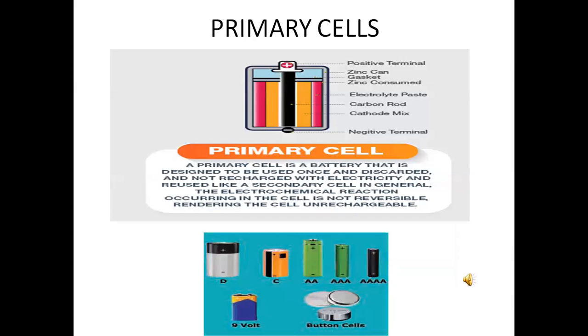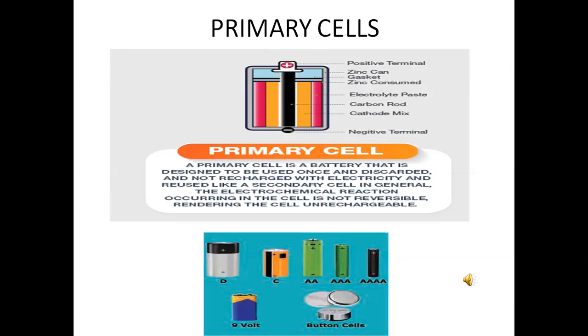Primary cells cannot be recharged, so they can be used only once. Hence the primary cells are usually produced in small sizes. A primary cell is a battery that is designed to be used once and discarded, and not recharged with electricity and reused like a secondary cell.